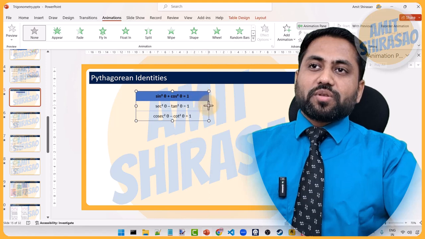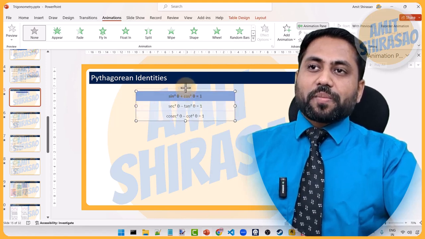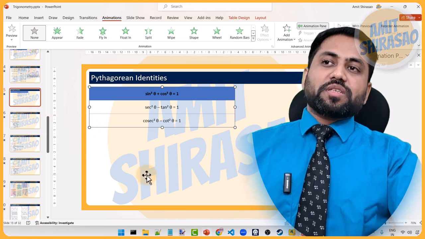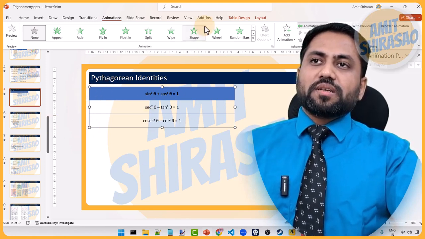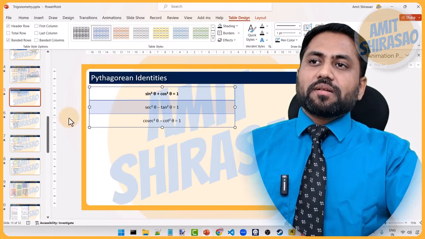It's a learning for me also. I'm also learning along with you. Okay, so these are Pythagorean identities. Let me just design the table a little better.